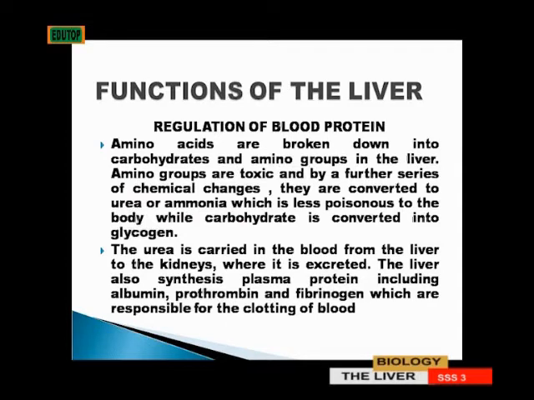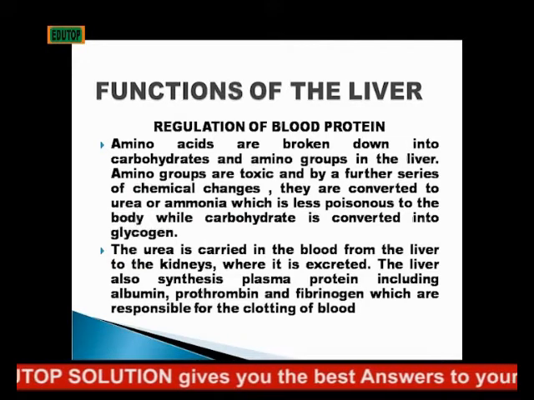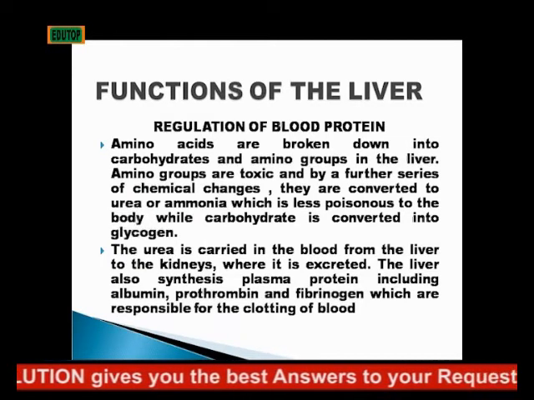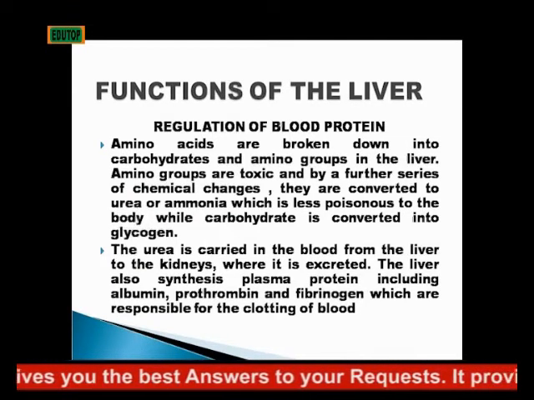The carbohydrate is converted into glycogen. I said that earlier. Then the urea is carried in the blood from the liver to the kidney. So it is the kidney that excretes the urea. The liver also synthesizes plasma proteins, including albumin, prothrombin, and fibrinogen, which are responsible for clotting of the blood.